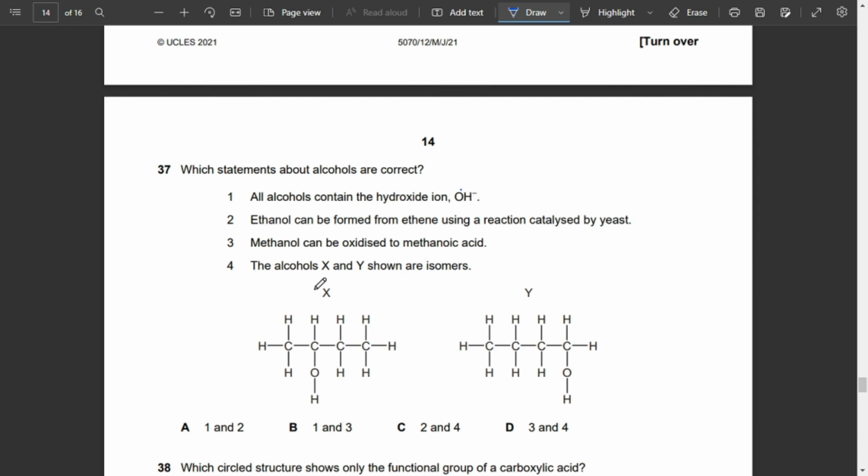Let's start from number 4. If we see 1, 2, 3, 4. These both have 4 carbons and they're both alcohols, so yes, these are isomers. So number 4 is correct. Methanol can be oxidized to form methanoic acid. Yes, when alcohols react with oxygen, they form a carboxylic acid, correct?